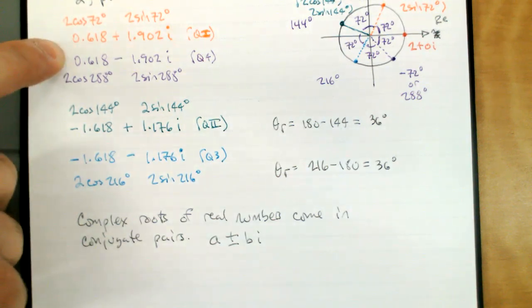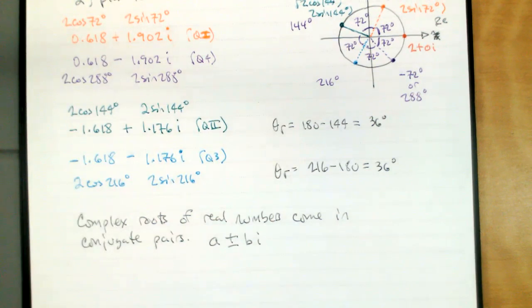These first two, 0.618 plus or minus 1.902i, those are conjugate pairs. The real part is the same, the imaginary part is opposite.